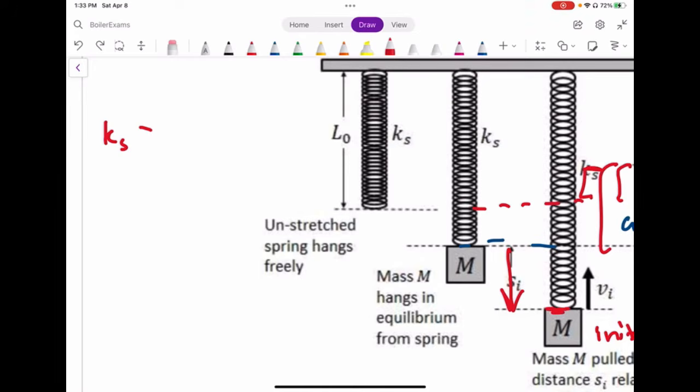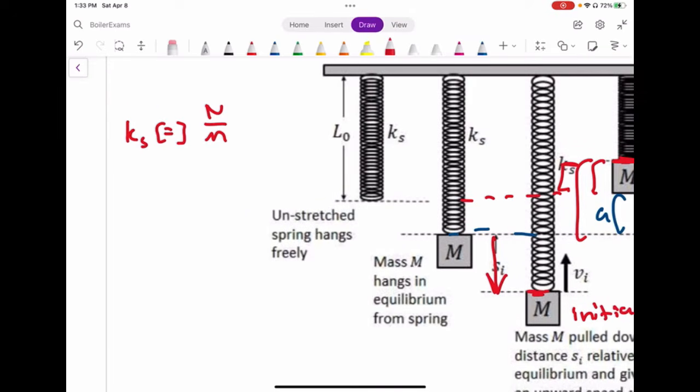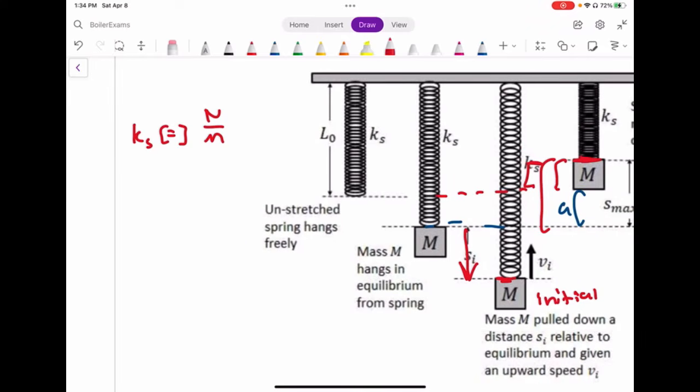So what are the units on ks? The units on ks, and the brackets around it just mean units, are going to be newtons per meter. It's force per meter stretched. So if we compare our first condition here and our second condition, we know that in our second condition the force being applied to the spring is going to be mg, and we're stretching a length si.